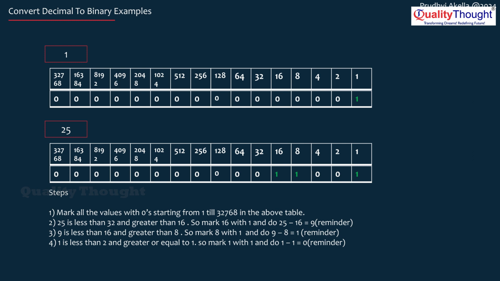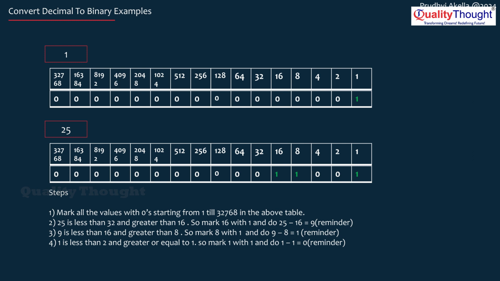That means 32 is greater than 25, and 16 would be less than 25. So you'll keep 1 over here, then you have to do 25 minus 16, and the remainder is 9. So the nearest number to this 9 would be 8. So then you will keep 1 under this 8.